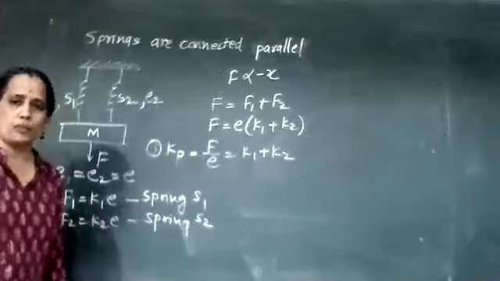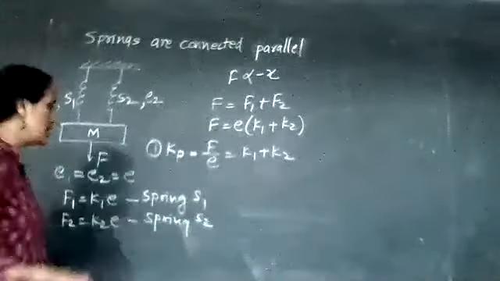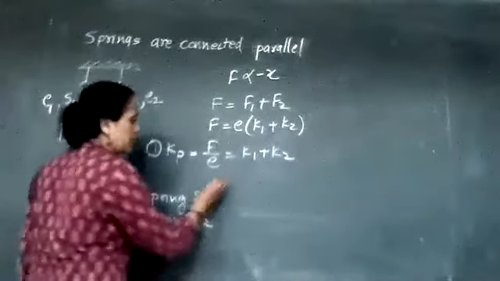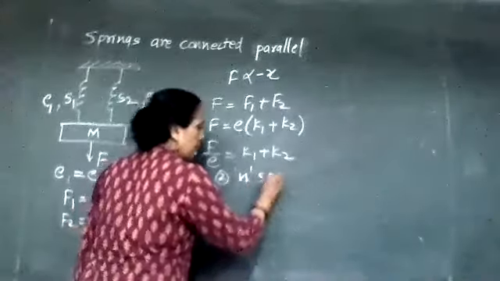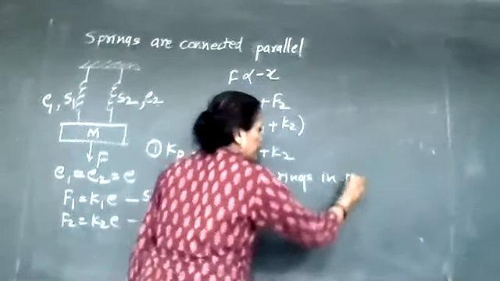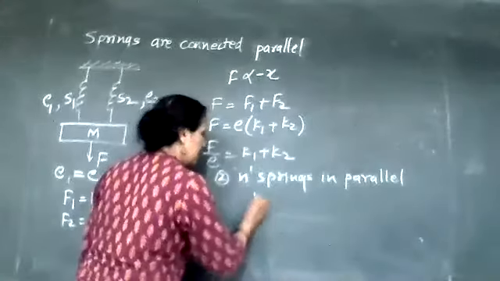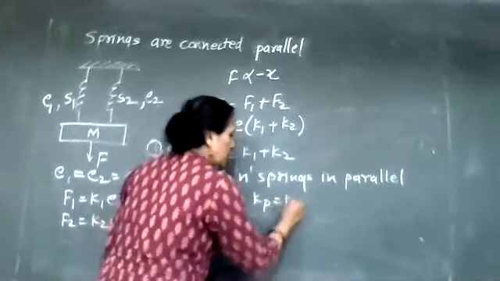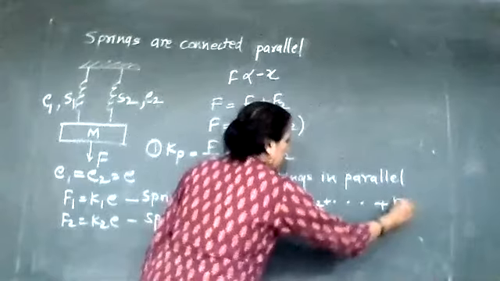Right? Now, instead of only two springs, if there are n springs in parallel combination, I get Kp is equal to K1 plus K2 up till Kn.